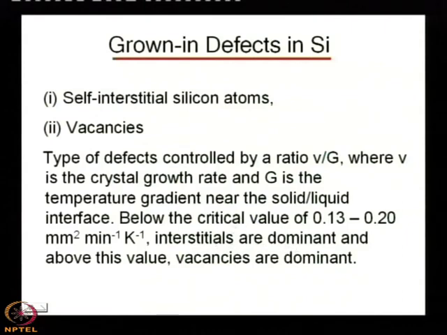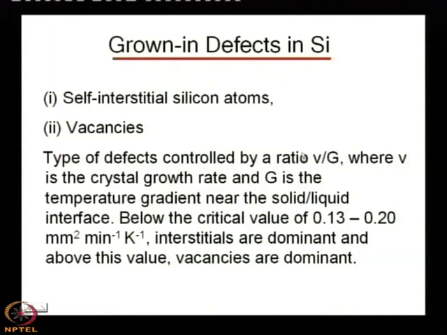That means it depends on the V/G ratio, and if V/G is from 0.13 to 0.2, then the grown-in defects in silicon will be dominated by self-interstitial silicon atoms. But if it is above 0.13 to 0.2, then vacancies will be created. So, it is basically the ratio between the crystal growth rate and the temperature gradient.